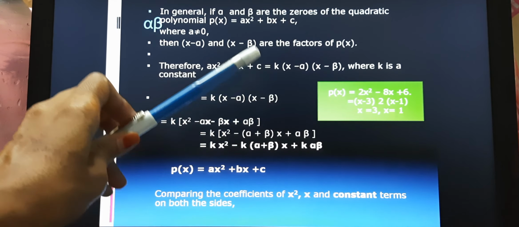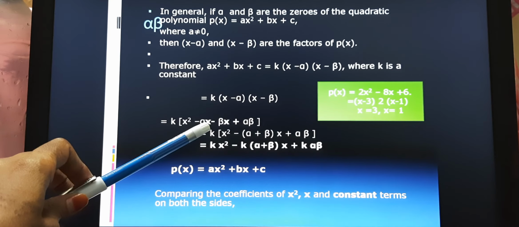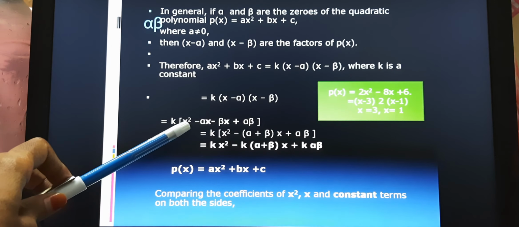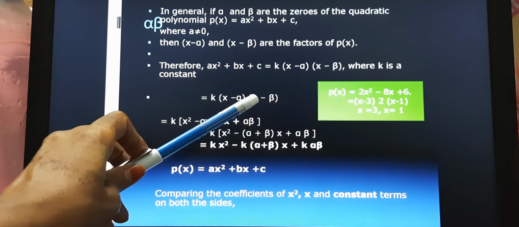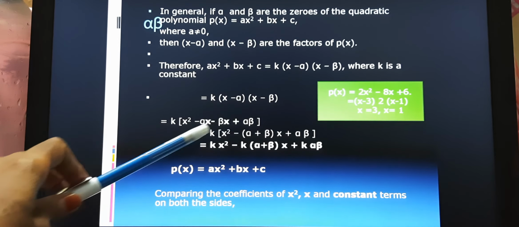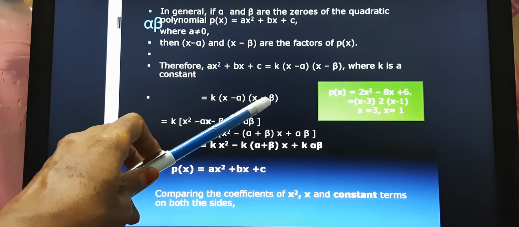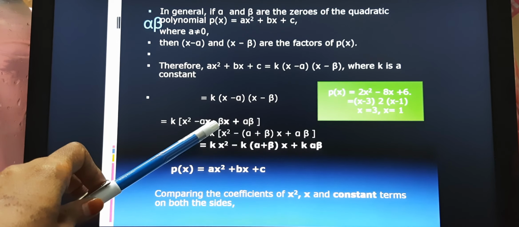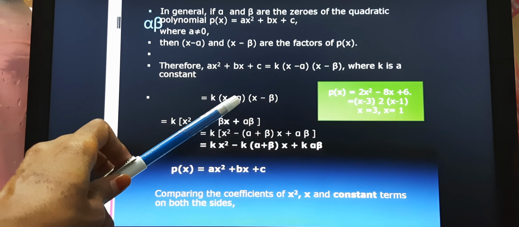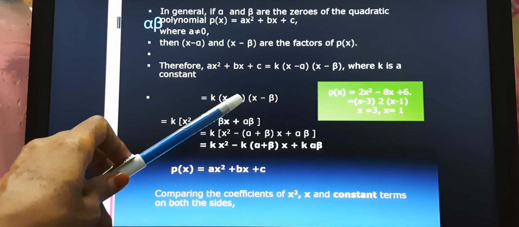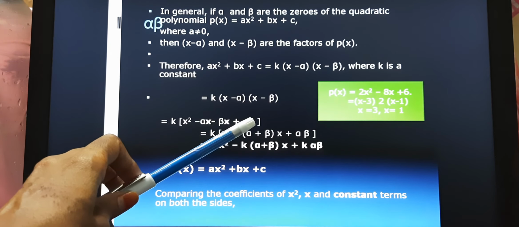So x into x is x square, minus alpha into x is minus alpha x, right? Again x into minus beta is minus beta x, and minus into minus is plus alpha into beta, alpha beta.